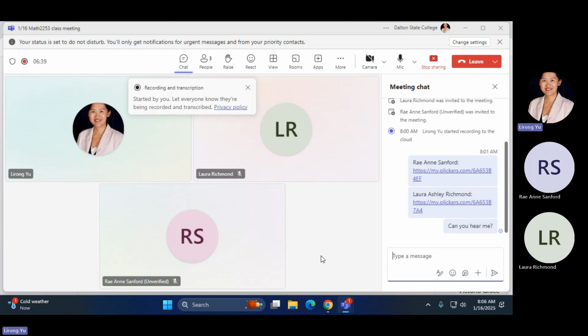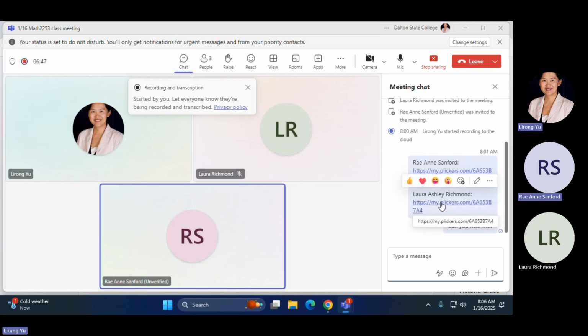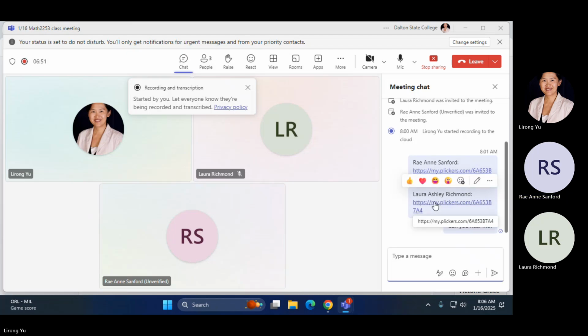Ray, do you have any difficulty accessing the website, web page? Yes, sorry, I'm having some connection issues. Give me a minute. Okay, you can open any browser and just type it in. It's my.flickr.com/6A653B784.